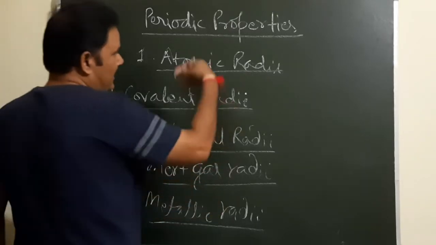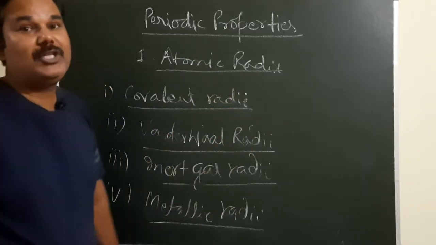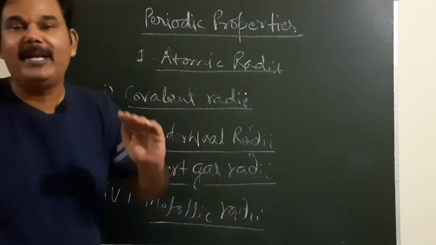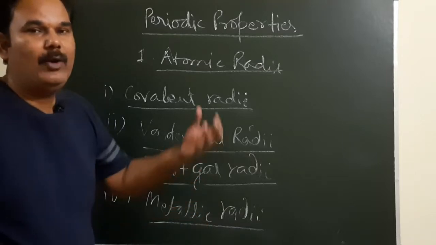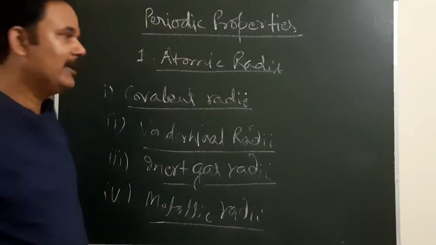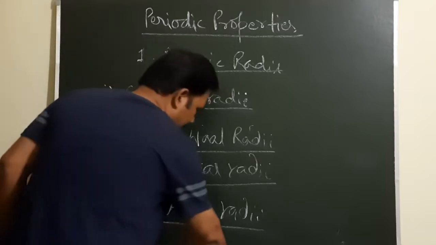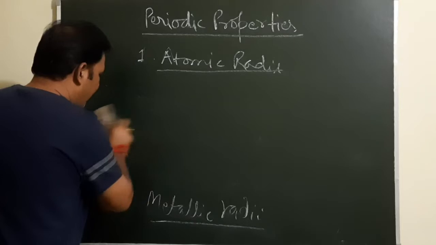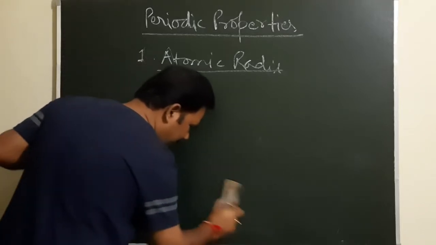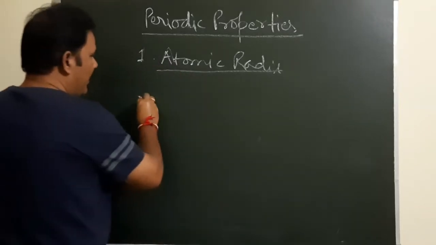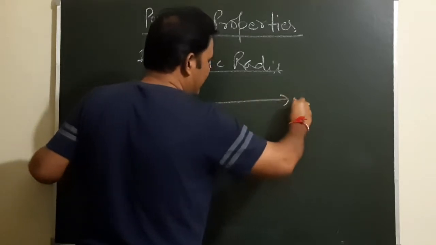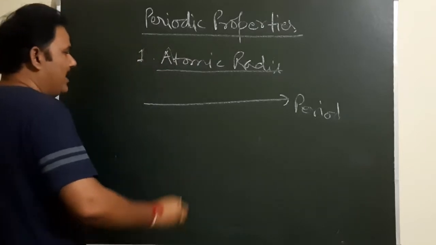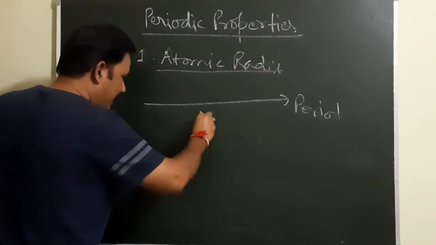Now we should know the general trend of the atomic radii. General trend means when we move in a period from left to right, what will happen? When we go top to bottom in a group, what will happen? When we are moving in a period from left to right, atomic radii decreases.